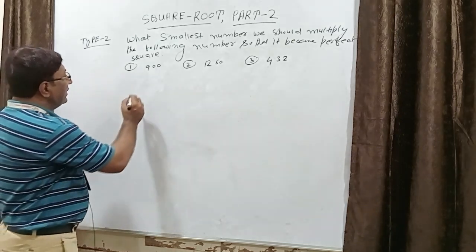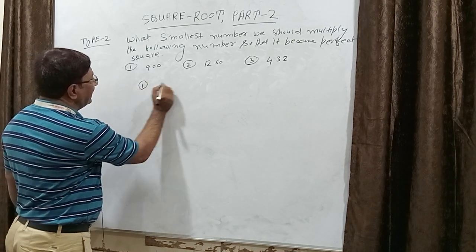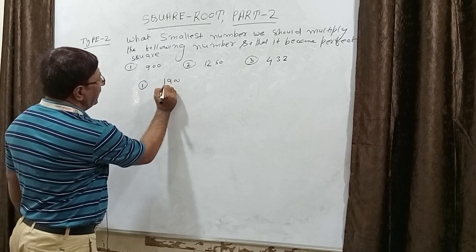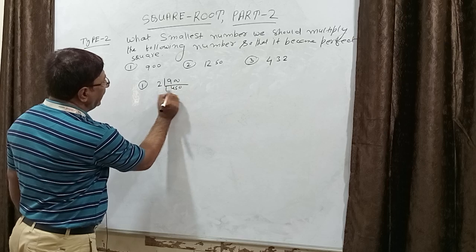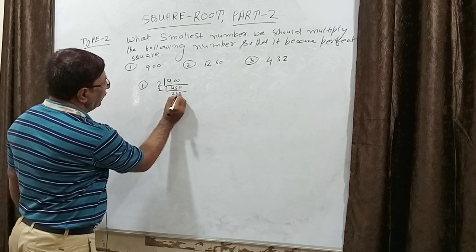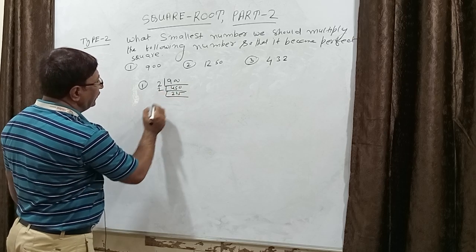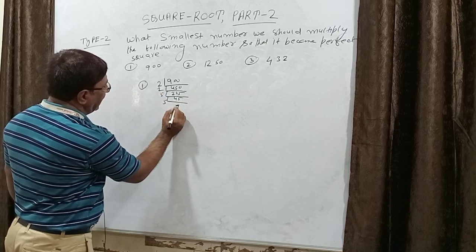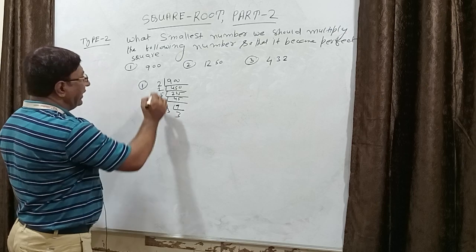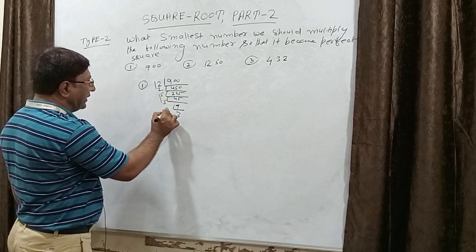So just see, we are solving the first question, 900. If we make factors of this number, 900 divided by 2 is 450, then 2 2s are 4, this is 225, and we know 5 4s are 20, 5 5s are 25, 5 9s are 45 and 3 3s are 9. So here this is a pair, this is a pair, this is a pair.